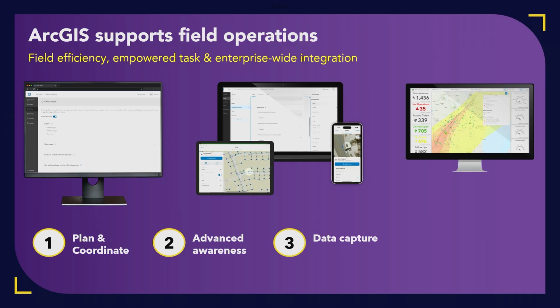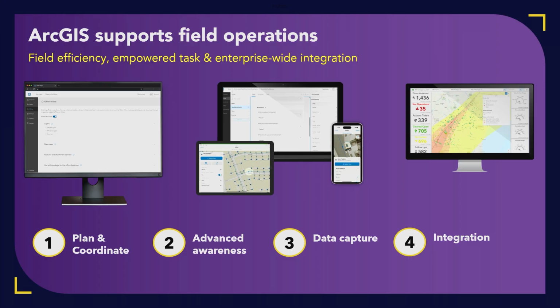Next is data capture. Using smart forms, teams can record asset condition, take a photo, and log inspection dates, ensuring the data is accurate, consistent, and immediately available. And finally, integration. Everything syncs seamlessly across ArcGIS, keeping field and office teams fully aligned.